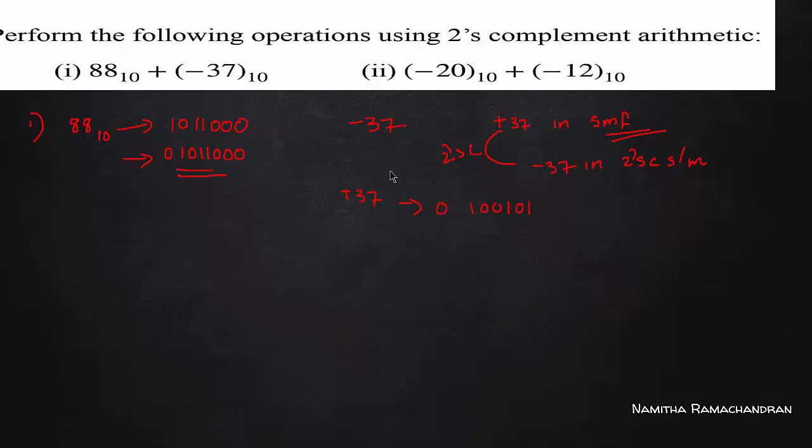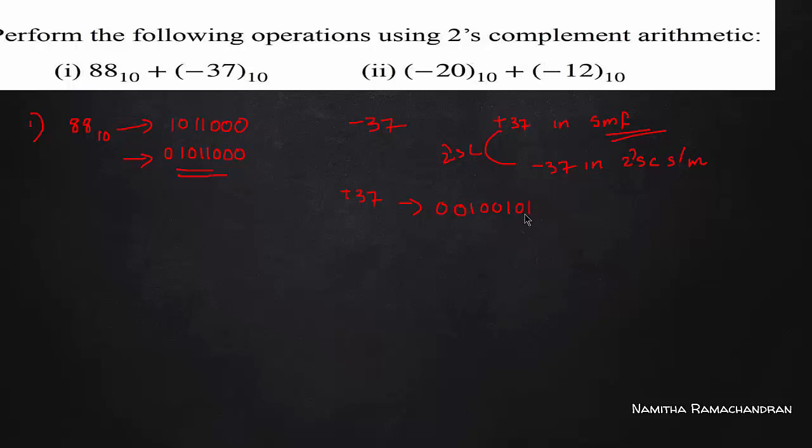That means here we need to put some more bits in the MSB position of this magnitude in order to make the number of bits in both the numbers, addend and augend, equal. So in order to make an equal number of bits in both numbers, here we can simply put 0 in the MSB position of this magnitude.